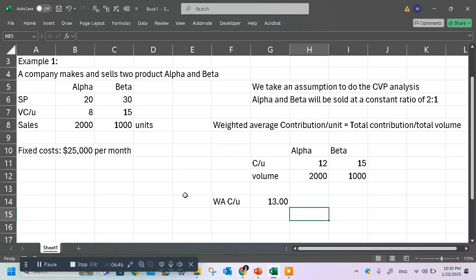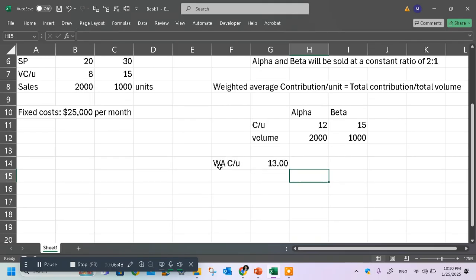Then break-even point. You know the single product break-even point formula: fixed cost divided by contribution per unit. Same formula, slight difference. Now it is fixed cost divided by weighted average contribution per unit, because there are multiple products, so you need a weighted average.